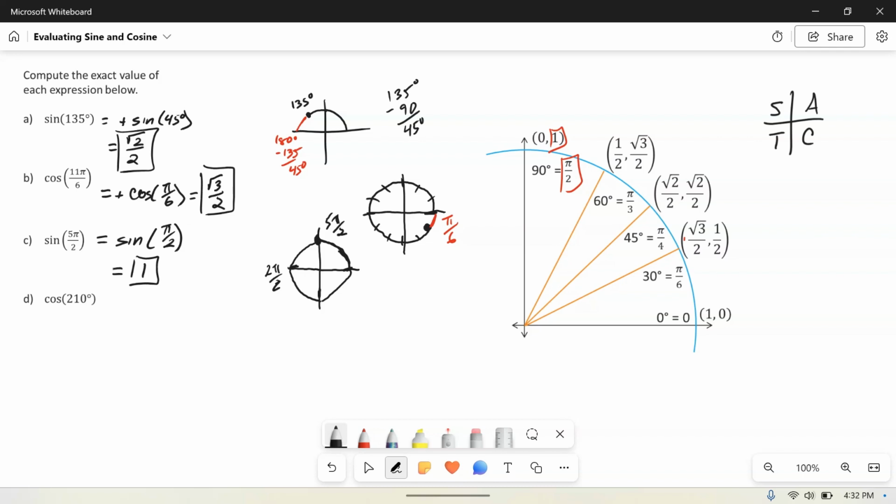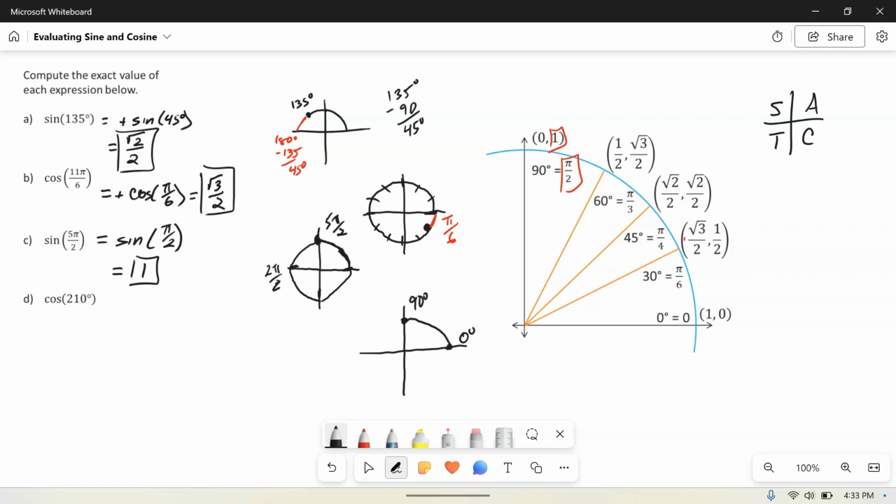All right, let's do one more here. We want to do the cosine of 210 degrees. I'm going to do the same process. We are going to draw out kind of a unit circle here, and then we're just going to count around. So for 210 degrees, if we start at the x-axis, that's 0 degrees. Once we get to the positive y-axis, that is 90 degrees.